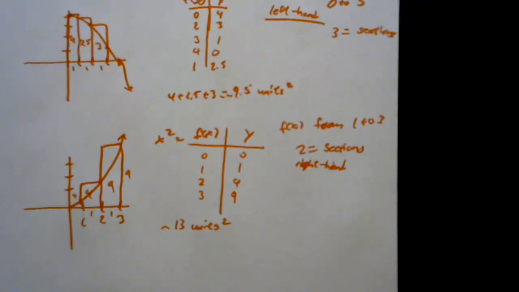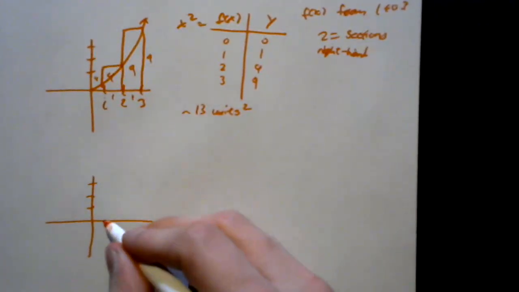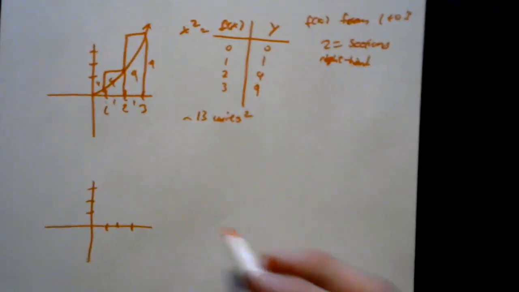Now let's add on midpoint. So let's just use our x squared graph again, because it's a simple one to use since we still have the table.